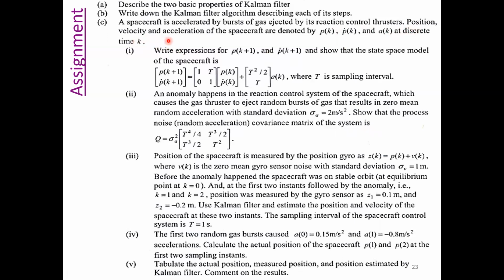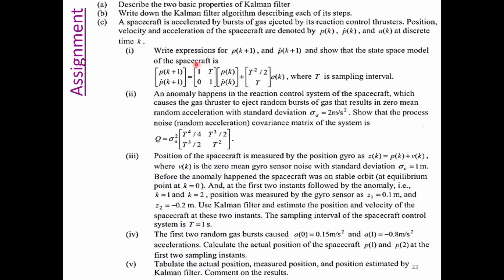The position, velocity, and acceleration of the spacecraft are denoted by p_k, v_k, and a_k, at discrete time k. So every discrete time interval T, you evaluate the position, velocity, and acceleration. The motion is because of the bursts of gas ejected by the reaction control thrusters.